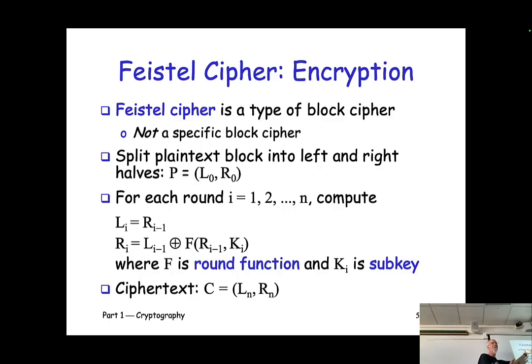So whatever the right half was, just copy it to the new left half. That's trivial. The new right half is the old left half XORed with a function of the old right half and the key. Got that? Just say it in words. Say it over and over and you will remember. So that's how we update.